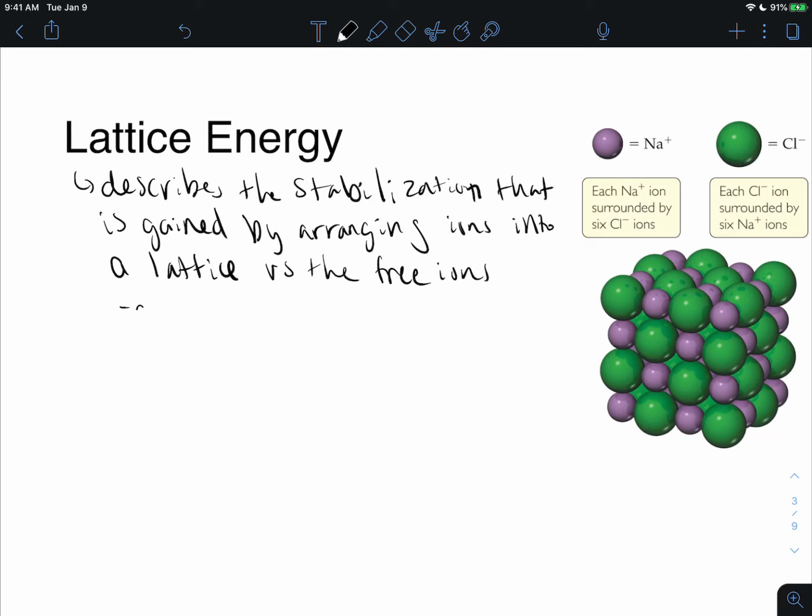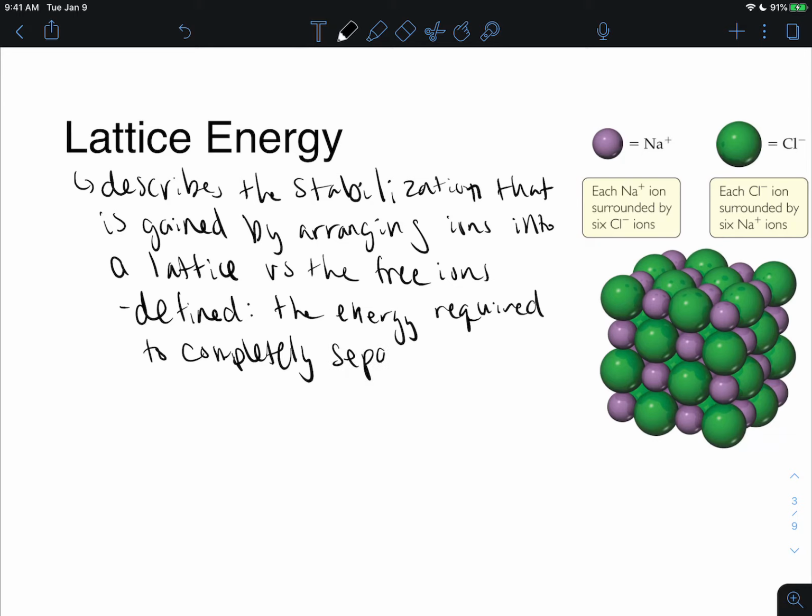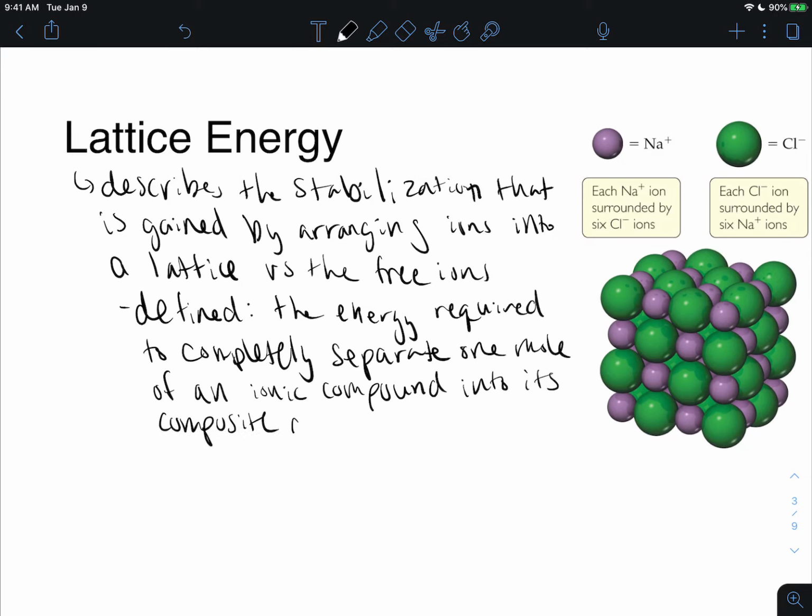It is defined as the energy required to completely separate 1 mole of an ionic compound into its composite gaseous ions.